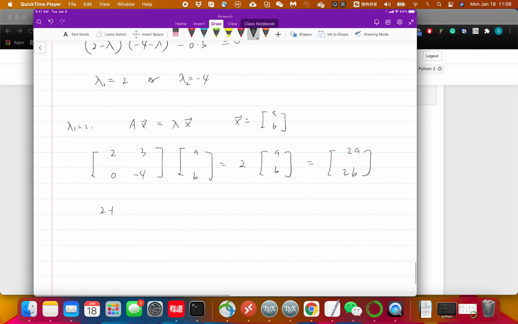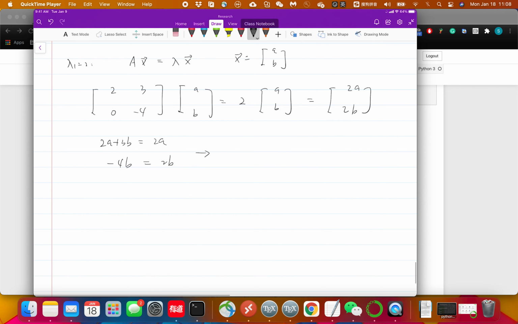Then 2a plus 3b equals 2a, and negative 4b equals 2b. This implies b equals 0. Then the first one degenerates to 2a equals 2a. So a is free. a can be anything.